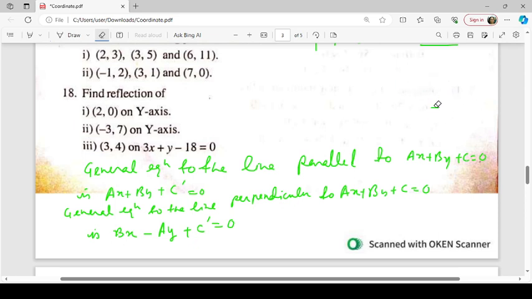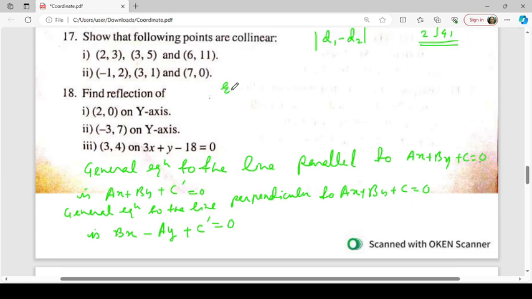And another thing is there: the equation of the x-axis is y equal to 0. The equation of the y-axis is x equal to 0.